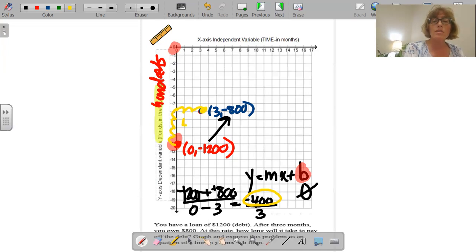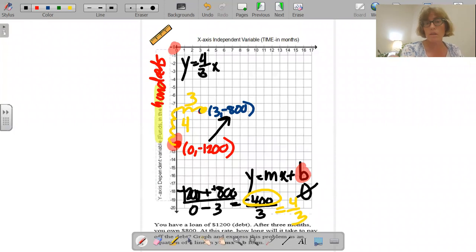So my rise is 4, my run is 3. So that reduces, because we combine that by hundreds here, is going to be 4/3. So my equation of my line is actually y equals 4/3 x plus 0.